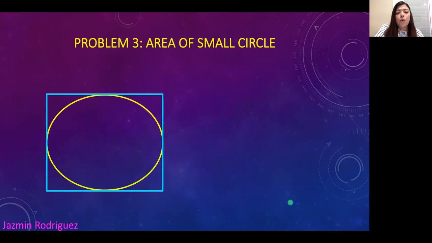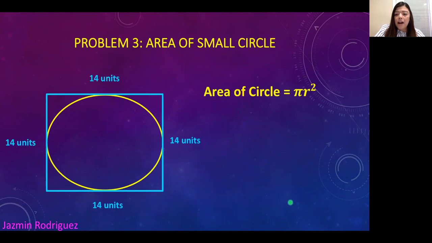Okay, now we want to know what is the area of the small circle. And this is the information we were given, that there's 14 units on the side. And we know that the area of our circle is given by pi r squared, with r being the radius. And we know that the radius of a circle is going to be half of the diameter.